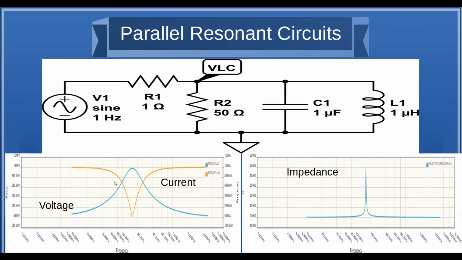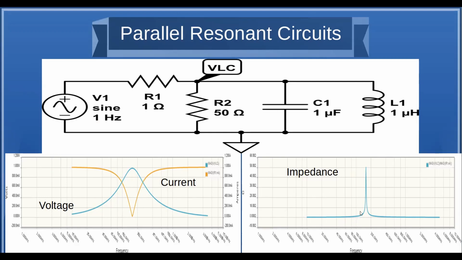And you see that the current is going to go to 0 where it's resonant. The difference between a series and a parallel resonant circuit is that at resonance, a series circuit looks like a short circuit, 0 impedance. A parallel circuit at resonance looks like an open circuit or infinite impedance, which you can't ever get infinite because it's real components.